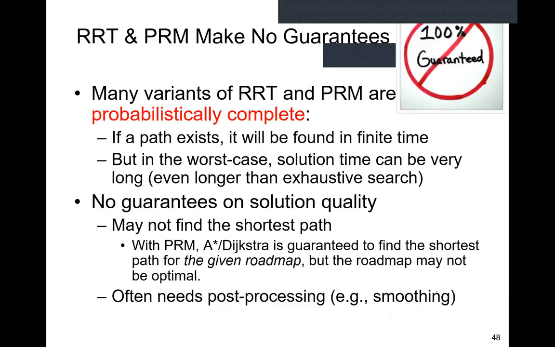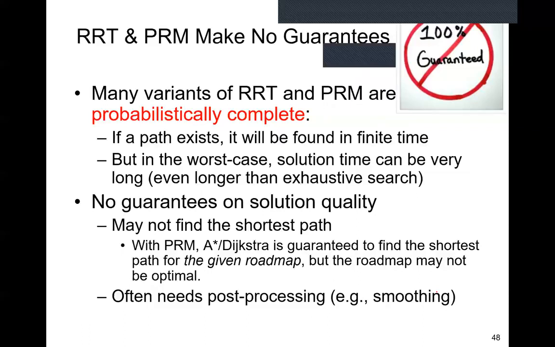The reason it's longer than exhaustive search is because it's a random sampling method. So there is a small chance that you're just unlucky and all your sampling points are in the wrong locations. And then it may be possible that you take a very long time to reach the goal.